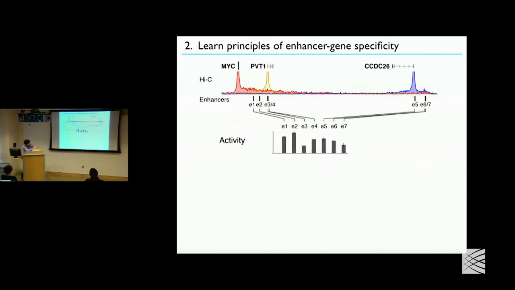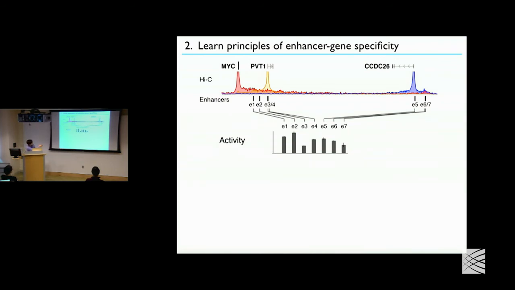So here now I'm showing, again, the same locus with 3 different genes. MYC is here. What I'm showing here is, imagine taking a column or line from that 2D matrix and plotting it on the y-axis. So for instance, this red line represents the proximity of each of these regions to MYC, whereas the yellow line represents the proximity of each of these regions to PVT1.